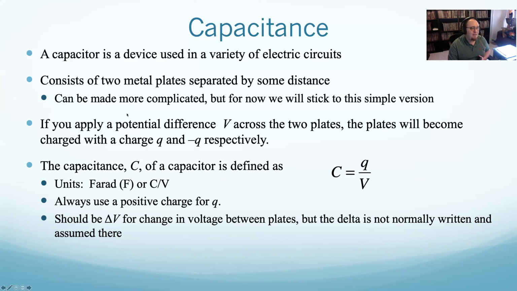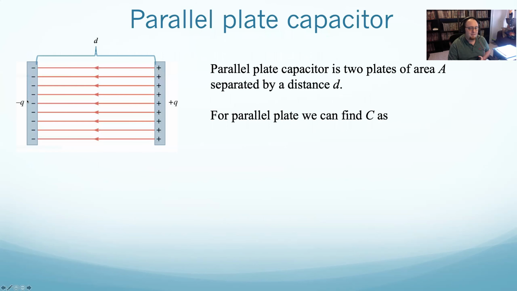Now, if you have a parallel plate capacitor, like the type I talked about, it'll just be two plates, one with a positive charge, one with a negative charge, separated by a distance d. If there is nothing in between the plates, if it is vacuum, or air is close enough to vacuum, the capacitance can actually be given by the shape of the capacitor.